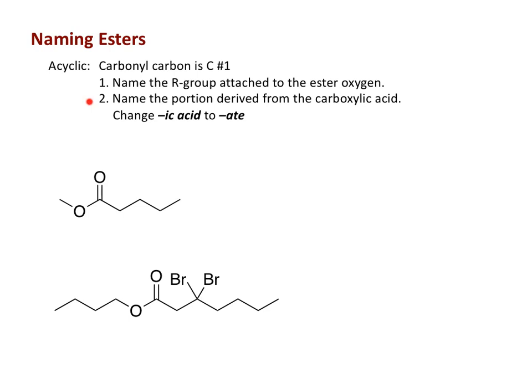Then we name the portion derived from the carboxylic acid, and to specify that it is an ester, the way we modify the ending is we change the ic acid to ate. So in this first example, our substituent on the oxygen is just a methyl group.